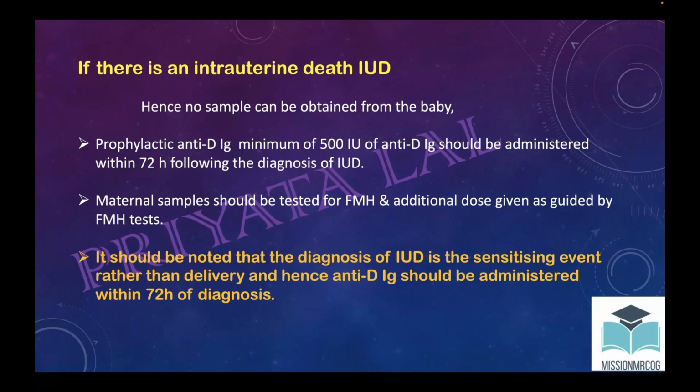So this is the same thing: diagnosis of IUD is a sensitizing event rather than delivery. Delivery management will be the postnatal thing, but since diagnosis of IUD is a sensitizing event, anti-D is to be given, and maternal blood should also be taken for FMH testing.